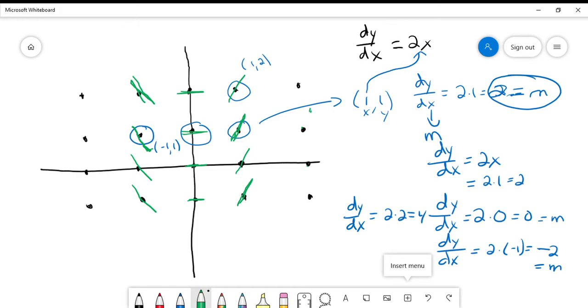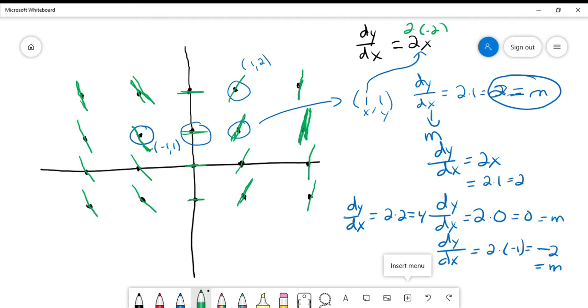They're going to have a slope of 4, which I'm trying to draw here. And over here, they'd have a slope of -4 because all of these x-coordinates are -2. So if I plug in 2 times -2, all of these are going to have a slope of -4. Every single one of them.